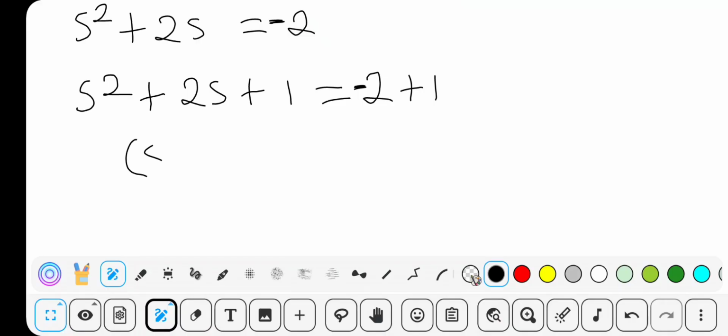So this will be s plus 1 all squared. Then 1 minus 2 is minus 1. Moving it to the other side becomes plus 1. So we have been able to factorize this using the completing the square method.